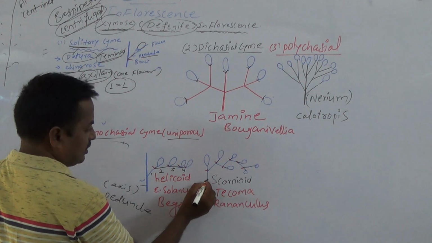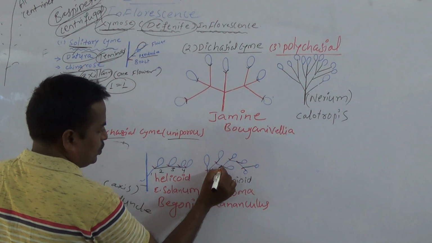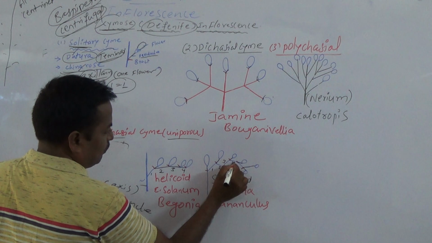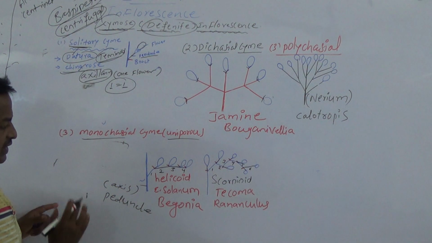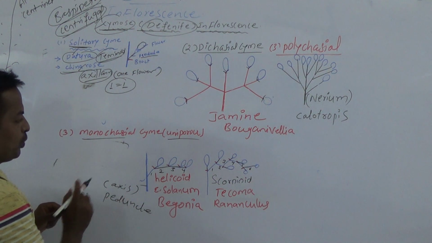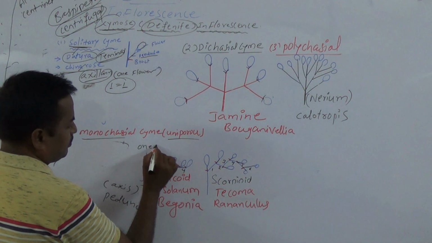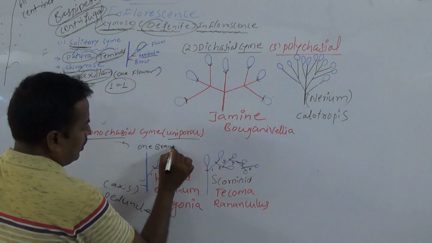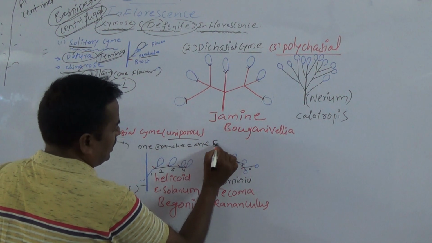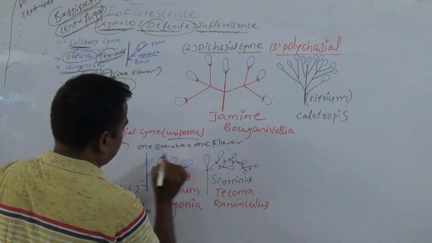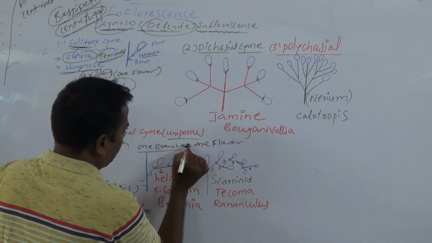This is the mother axis. So the axis every time produces only one branch. One branch, one flower. How many branches does it produce every time?